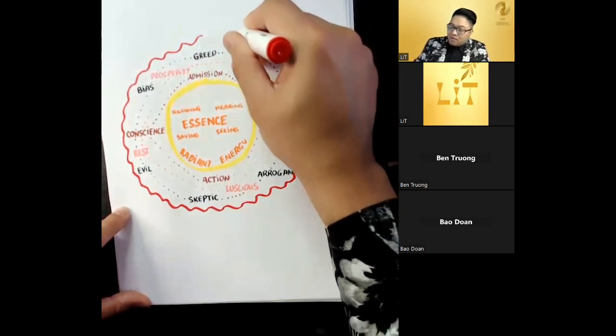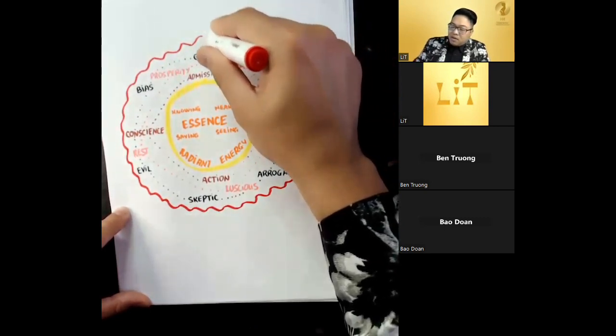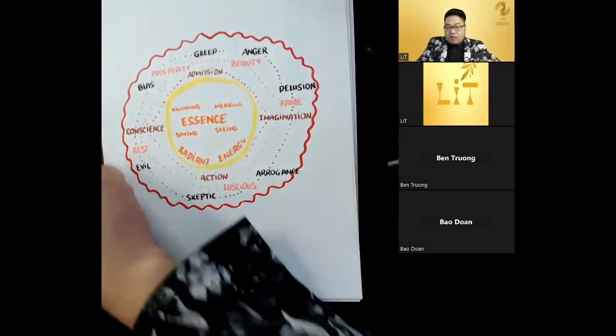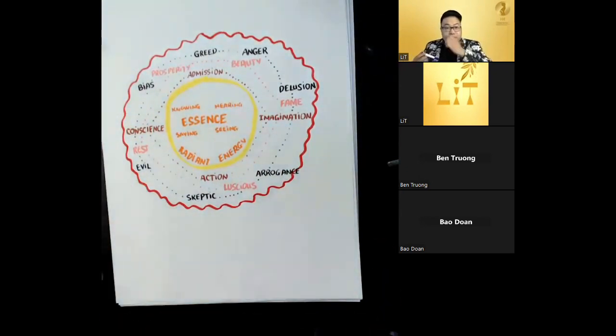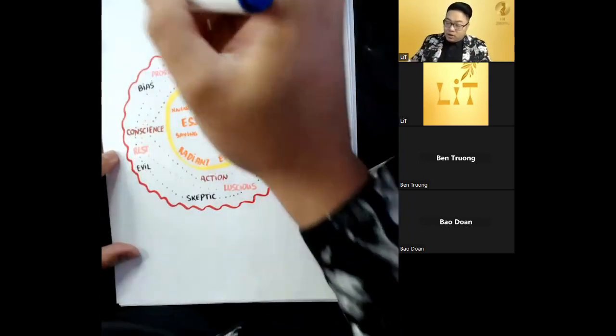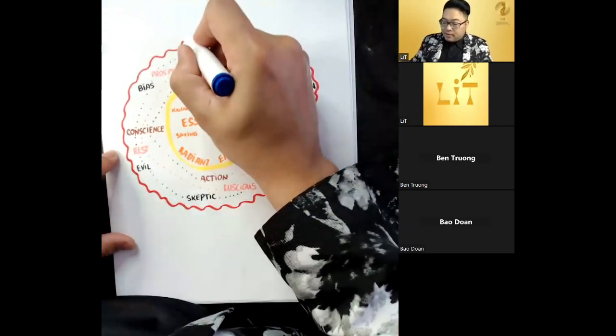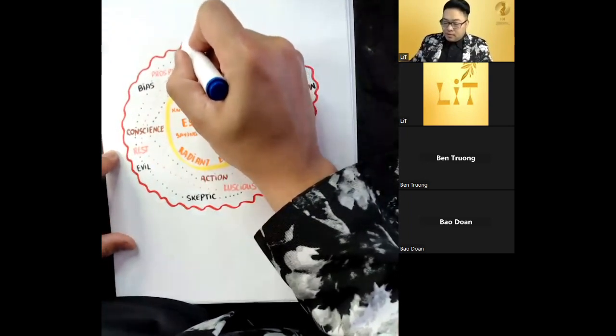This is very fun to draw. We also have the negative electromagnetic energy. This is what keeps it balanced. So this we have blue.